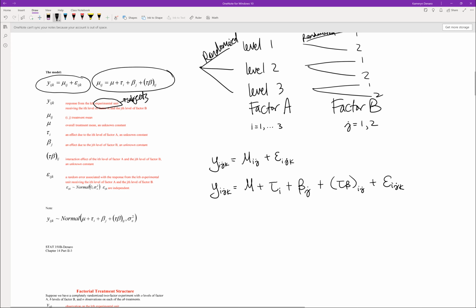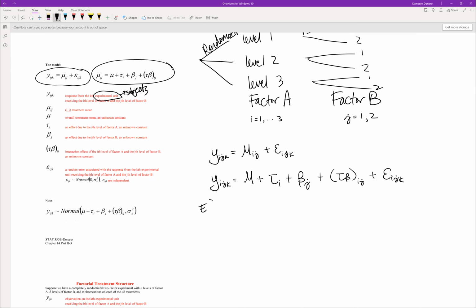So if we want the expected value of y_ijk, that's just the expected value of mu plus tau_i plus beta_j plus tau beta_ij plus epsilon_ijk.